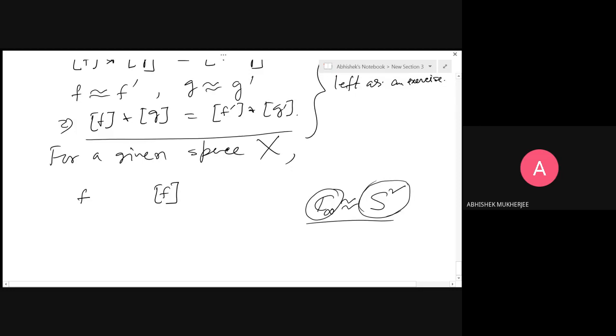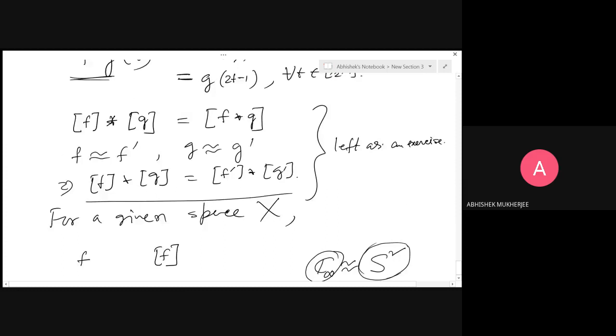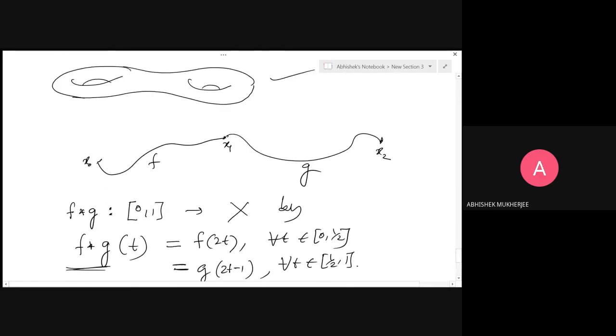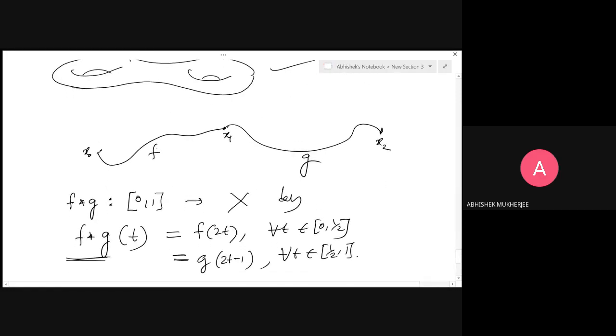And the paths here, actually, have one condition: one must have the endpoint x1, which is going to be the initial point of the other path. That is, the endpoint of f is going to be the initial point of g. So that is a condition.